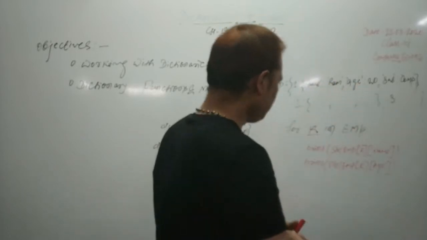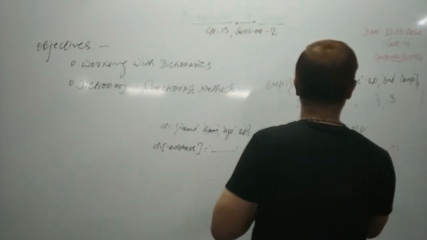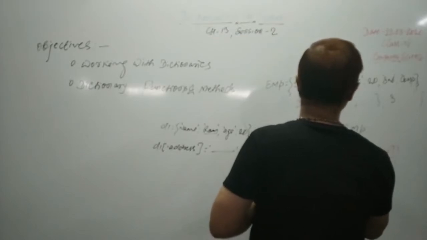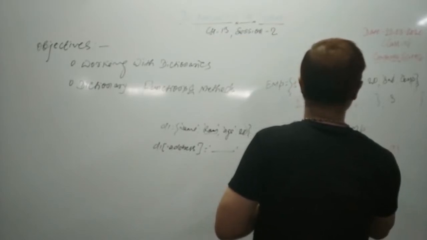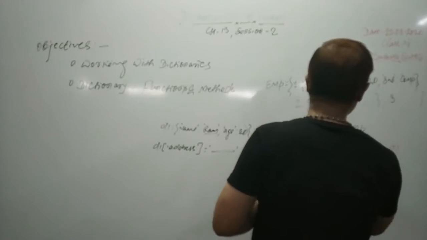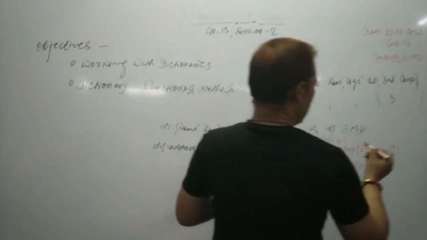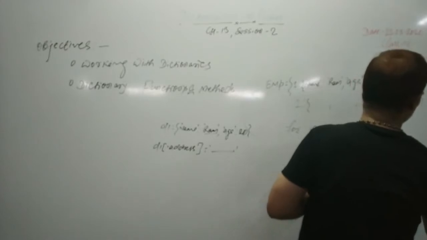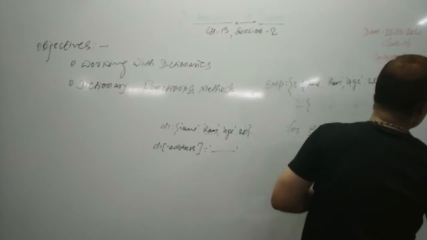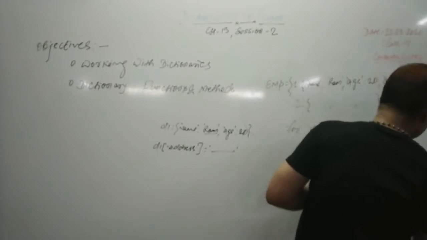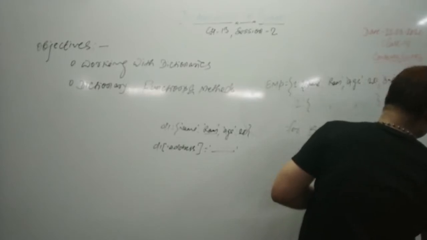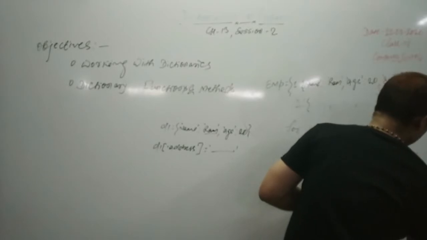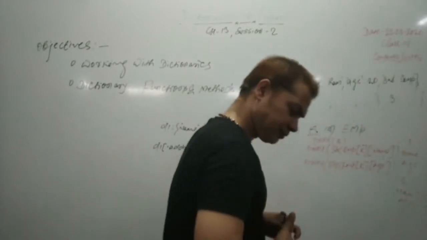If you give one extra print command here, to make it more clear, you simply say print k. It will print the key, meaning 1, and your output will be 1, and then name Ram, or age 20, then again 2, and then again name and age, and likewise it will keep on printing.